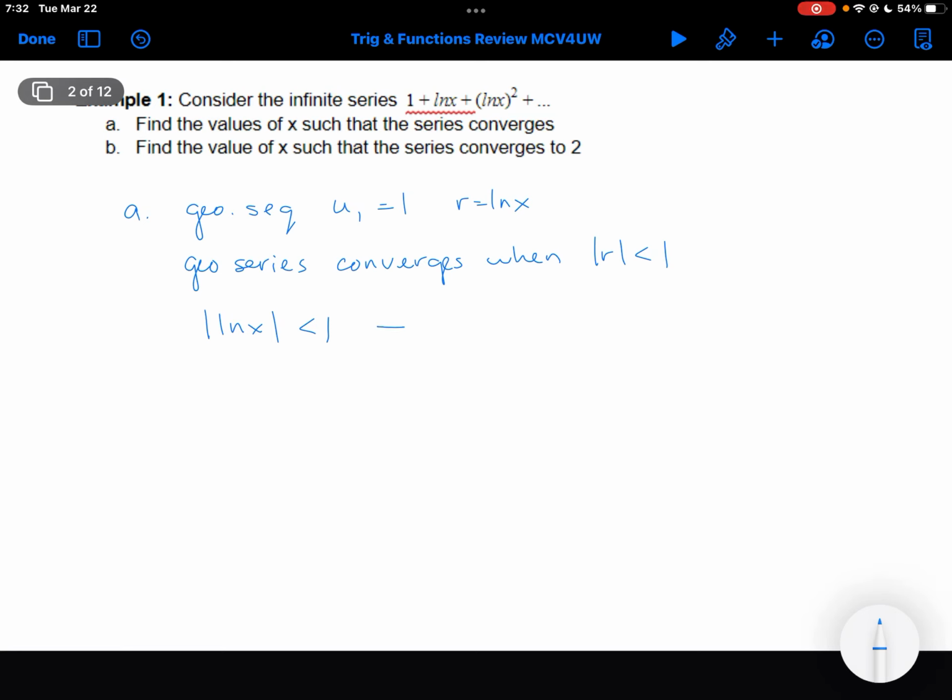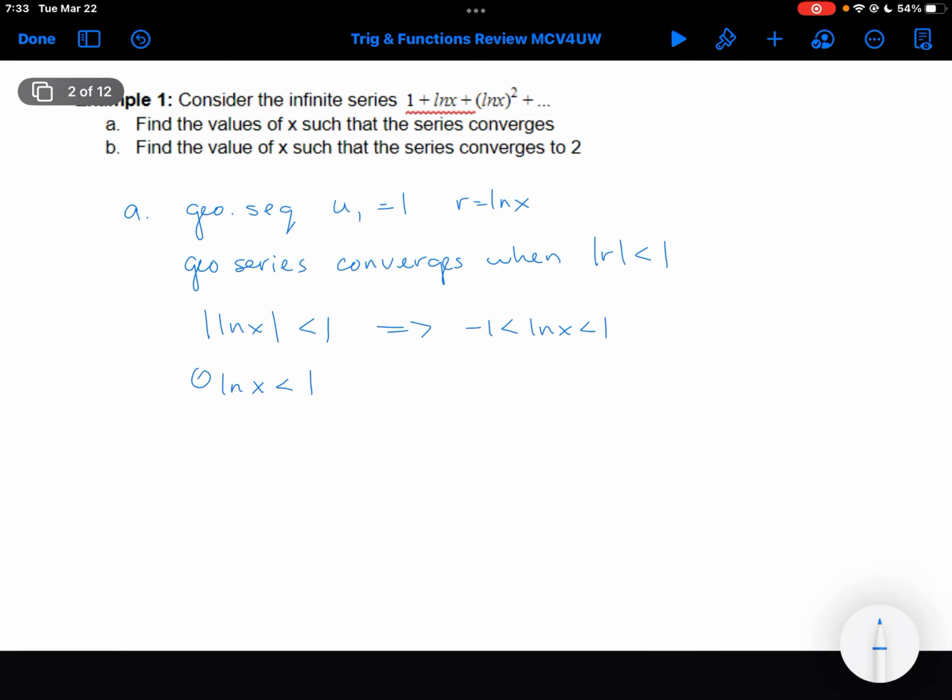Now applying our absolute value knowledge, this means that ln x has to be in between -1 and +1. So let's take a look at those two inequalities. The first one that we have is that ln x has to be less than 1.